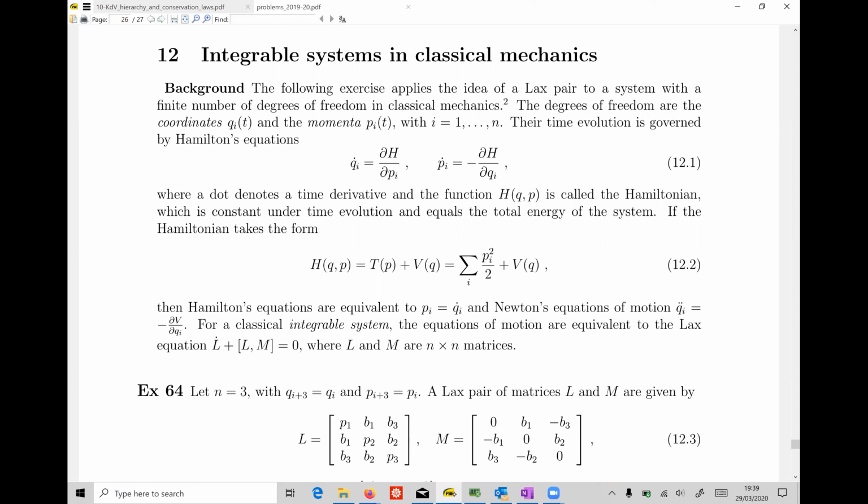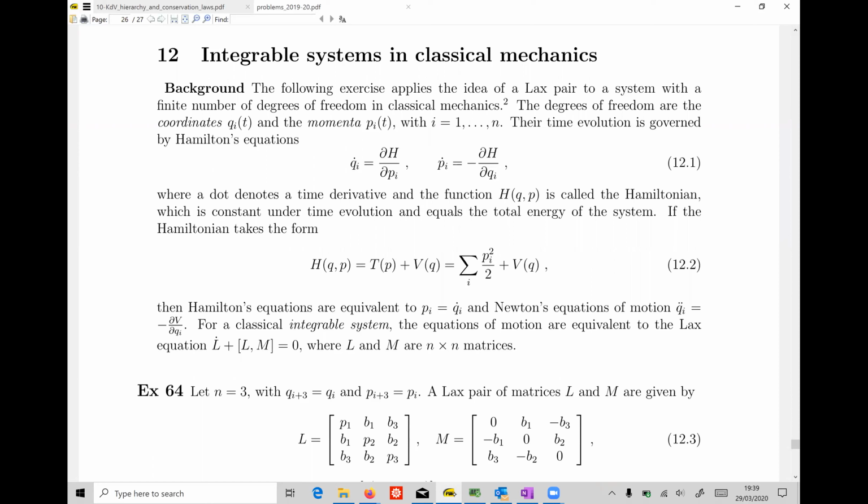We've seen how the Lax equation appears naturally in the context of the KdV equation, but in fact, it appears naturally also in much simpler systems, which are just classical systems, which, for instance, could describe several point particles, which may interact with a potential or among themselves.